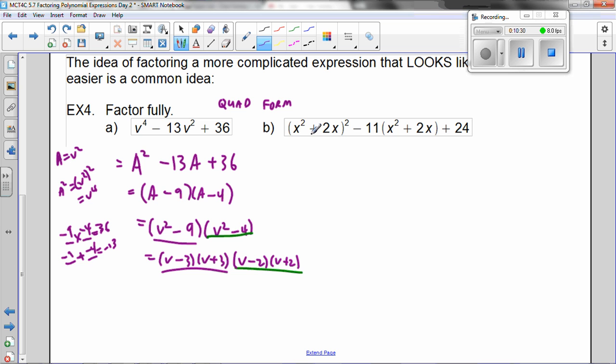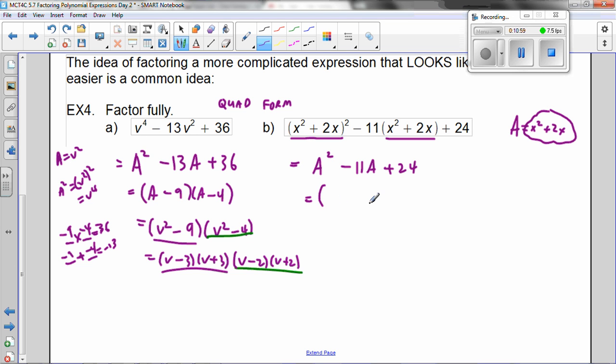This one looks a bit strange, but notice that where the a is, there's another expression. I could think of a taking the place of x squared plus 2x. So this is quadratic form again. And again, I'm just using the a as a little placeholder. It's just making it a little bit simpler. Well, I'm going to factor that.